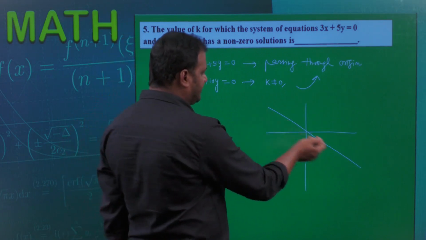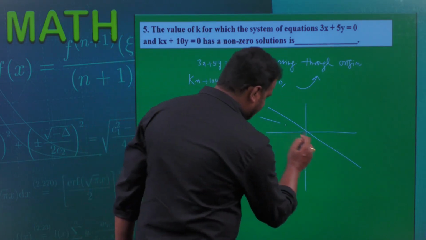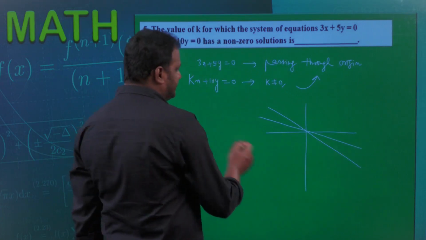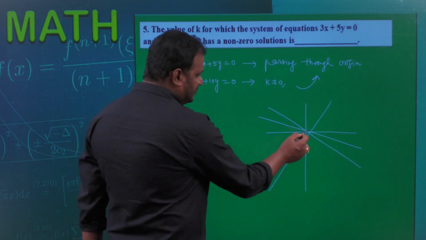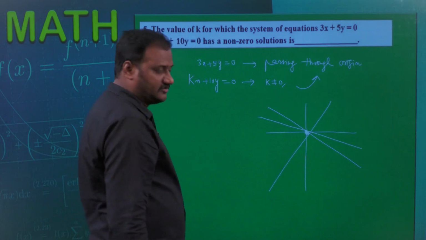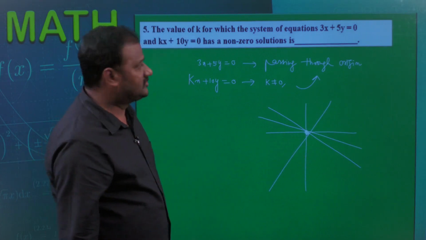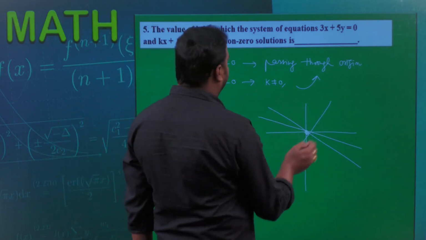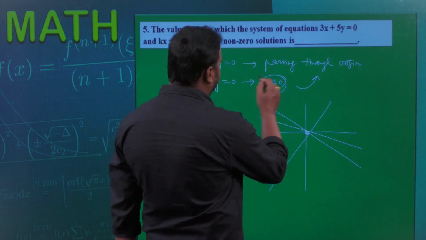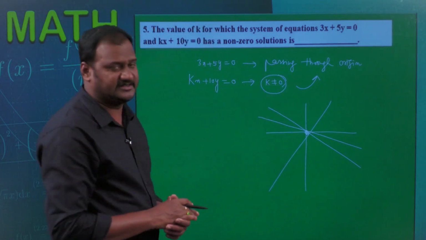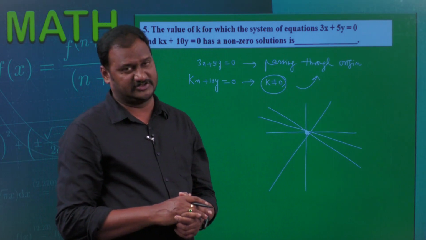If it is positive, it may pass through like this; if k is negative, it may pass through like this. All the time it passes only through 0, 0. So according to this information, the value of k is not equal to 0, for it to have non-zero solutions.